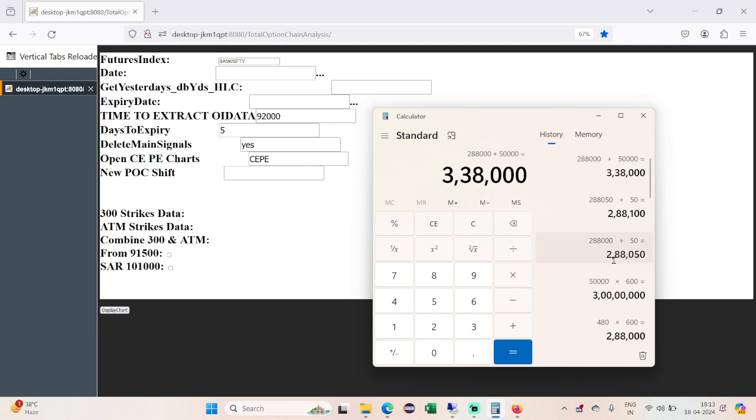Okay, so as I said, if it has happened once in an entire year, there is always a chance that it will also happen in the next year. So in this case, if we had to trade the fourth signal also, you should have at least a capital of 3,38,000. But my suggestion is to trade two lots.